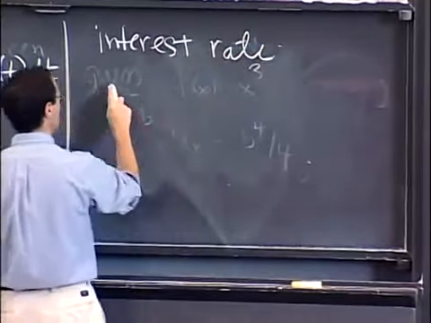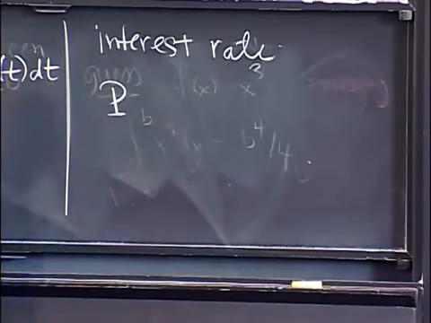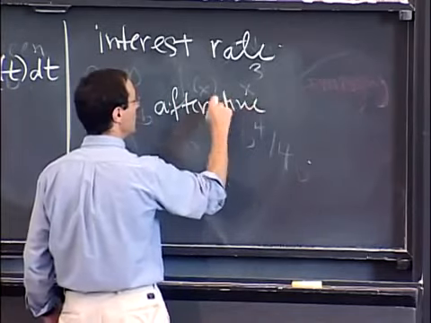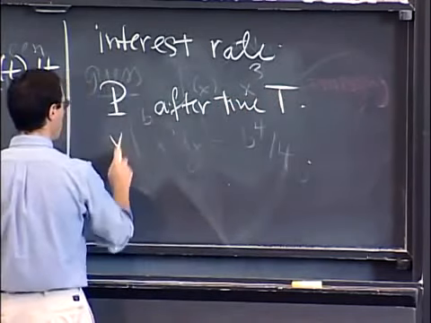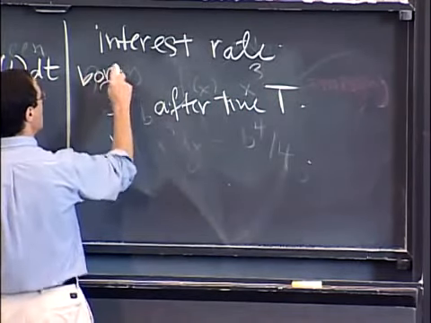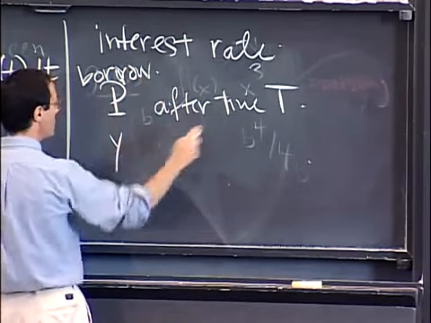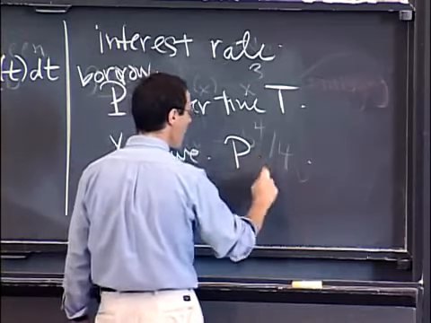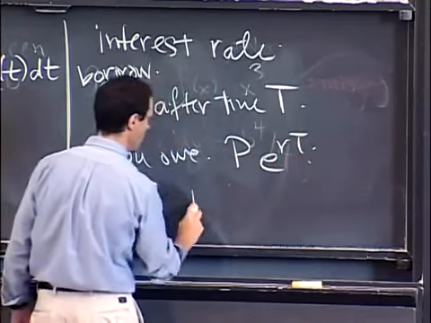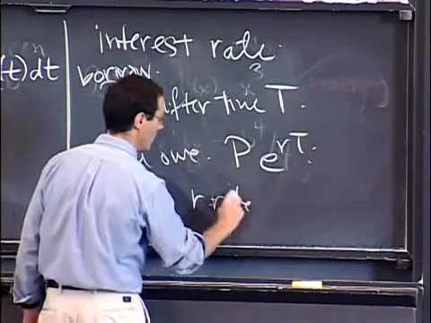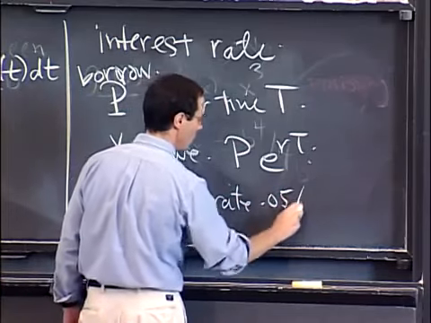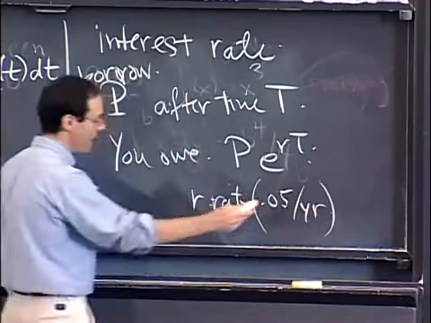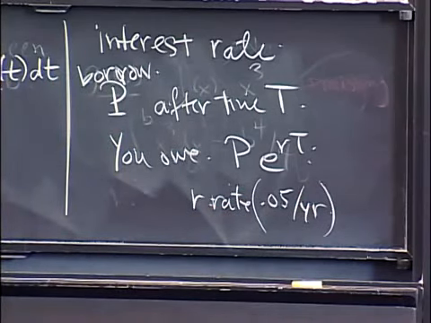So if you borrow P as your principal, then after time t, you owe P times e to the rt, where r is your interest rate, say 0.05 per year. Okay? That would be an example of an interest rate.